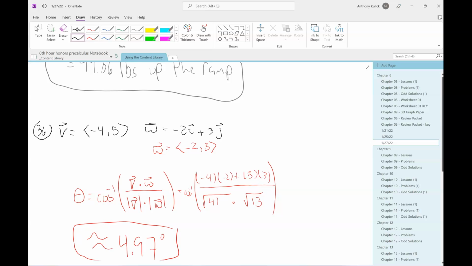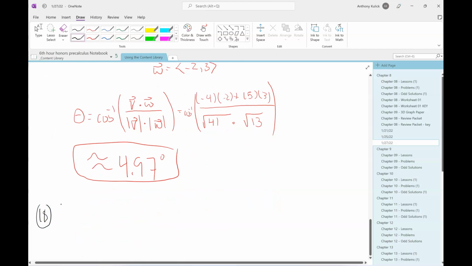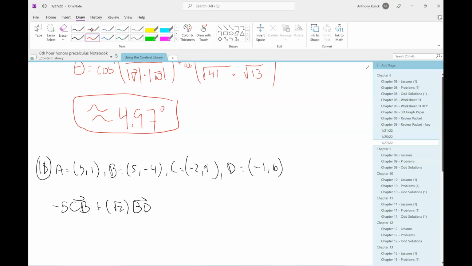Arya? 18? Sure. So here we have some points, and we're asked to do the vector calculation -5 times CB plus root 2 times BD.